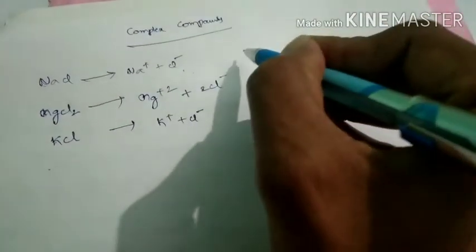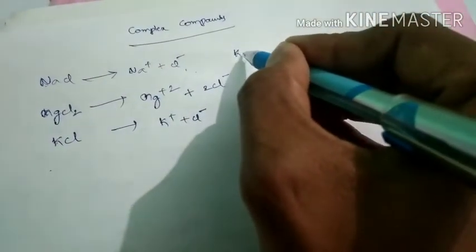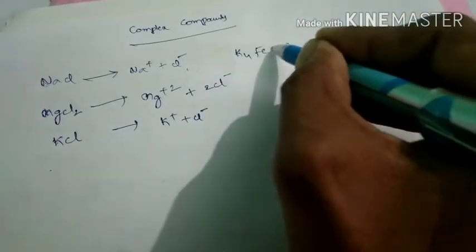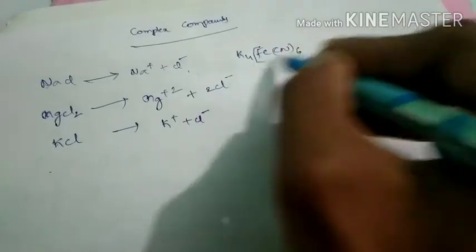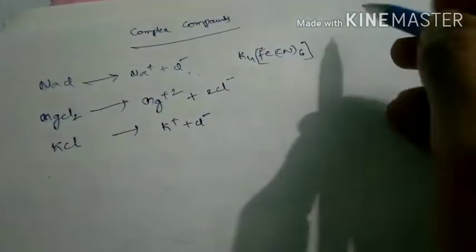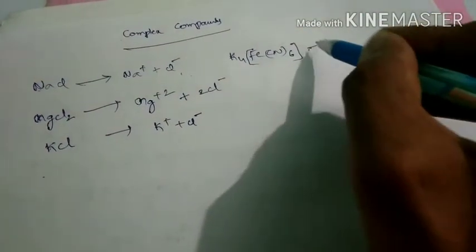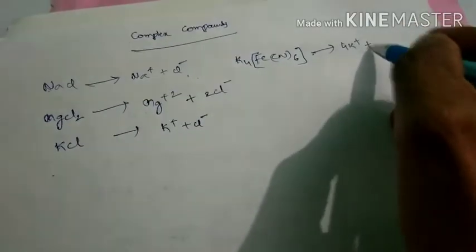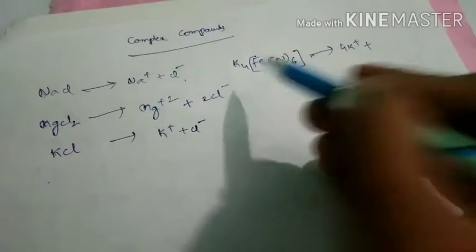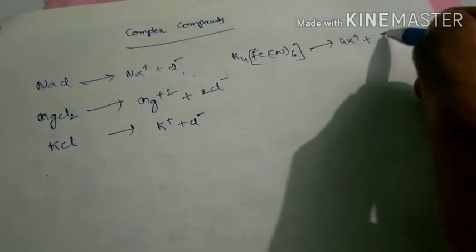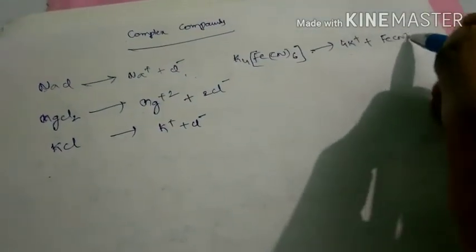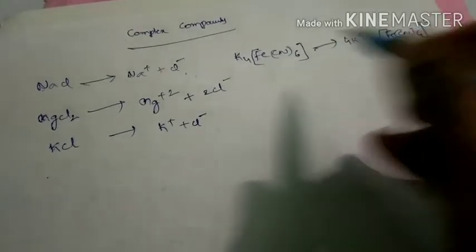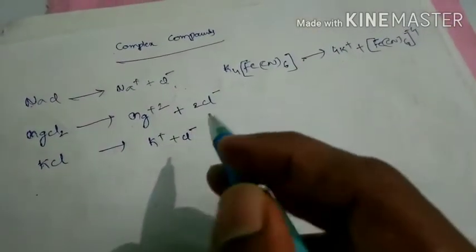But when we take this type of compound, for example K4[Fe(CN)6], in water, then we get these ions, 4 potassium ions. K4 means 4 potassium ions plus [Fe(CN)6] minus 4, by the crisscross method.